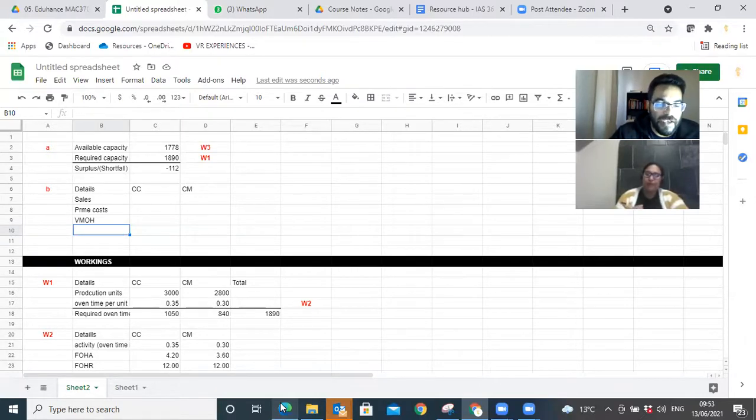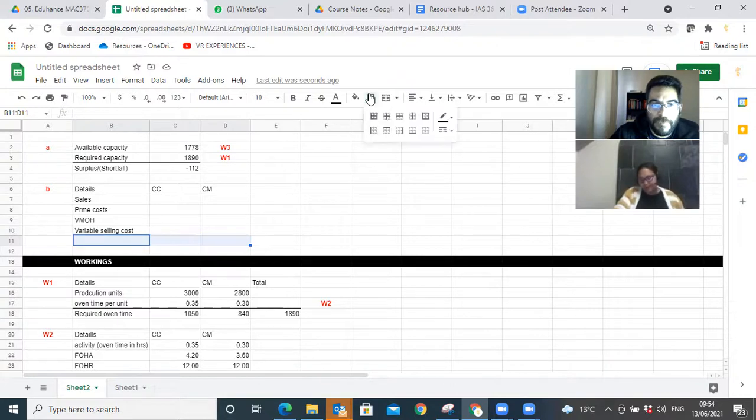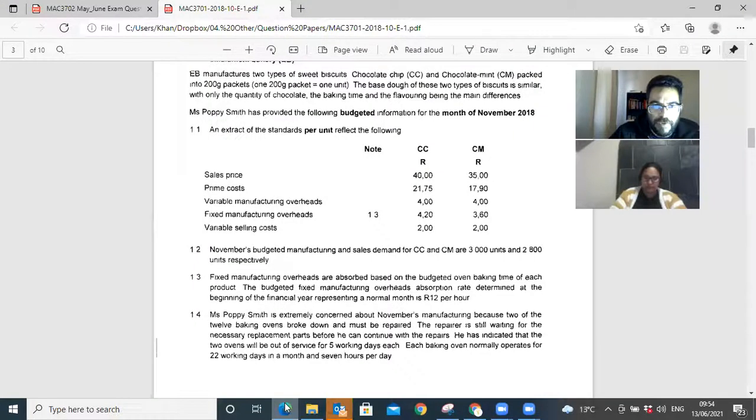So now we're going to say variable selling costs. This will give us contribution margin, and contribution margin per unit. Can someone maybe help me with the pricing?